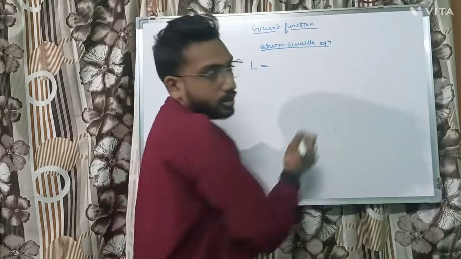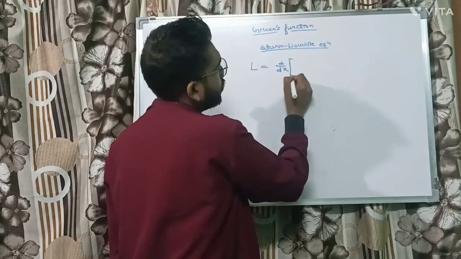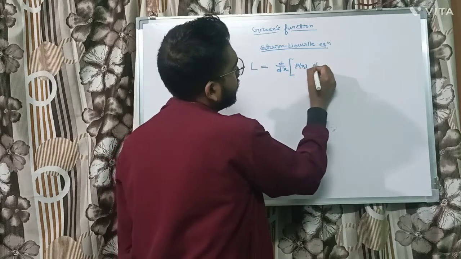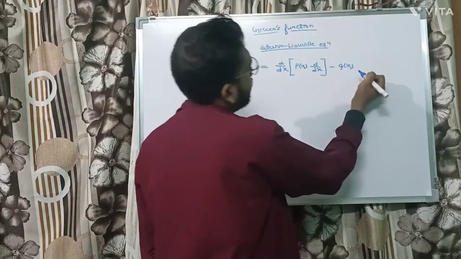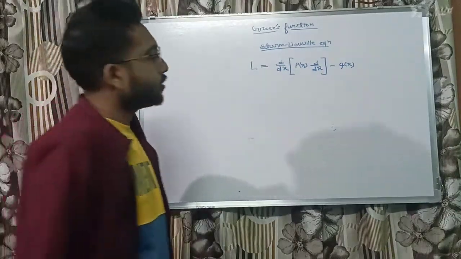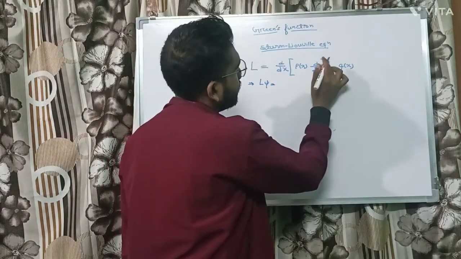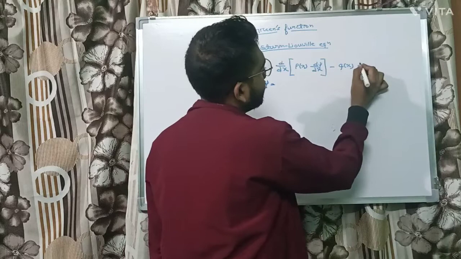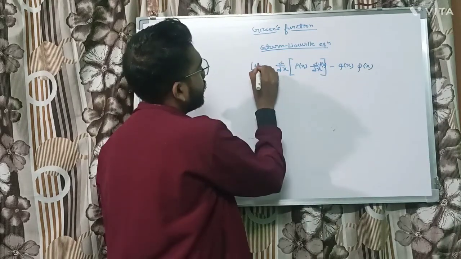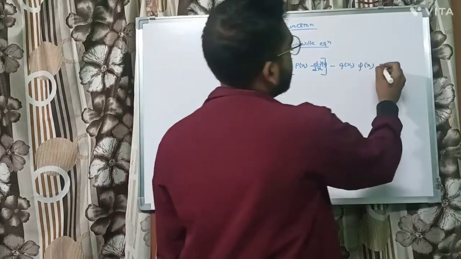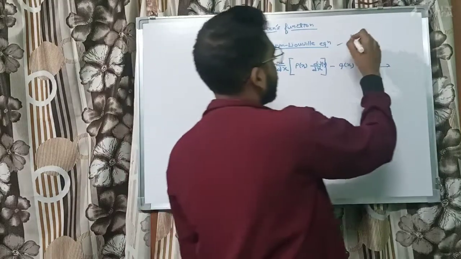The operator L for the Sturm-Liouville equation can be written as d/dx of p(x) d/dx minus q(x), acting on some function psi(x). So this is the differential operator for the Sturm-Liouville equation.